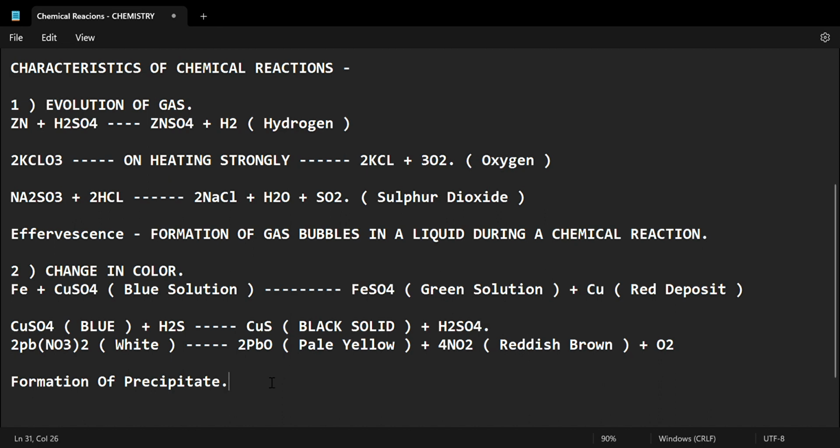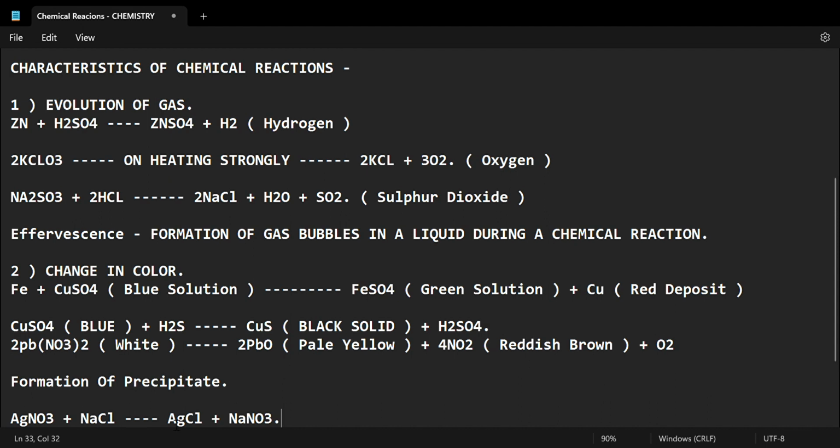So we are going to give an example over here: AgNO3 plus NaCl, which is an aqueous solution, becomes AgCl plus NaNO3. So silver nitrate solution plus sodium chloride solution becomes silver chloride and sodium nitrate.